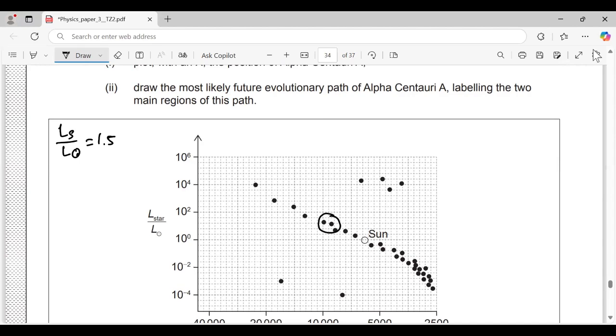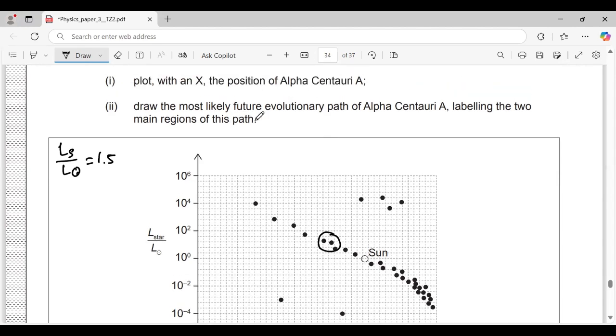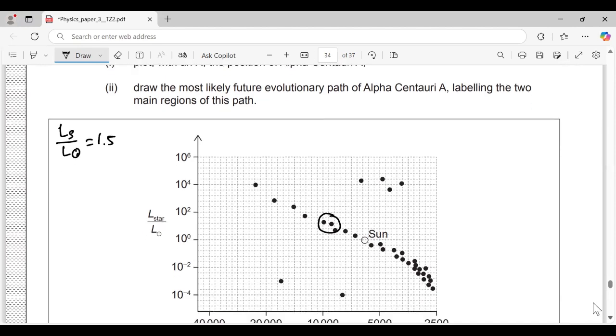Then draw the most likely future evolutionary path of Alpha Centauri A, labeling the two main regions of this path.